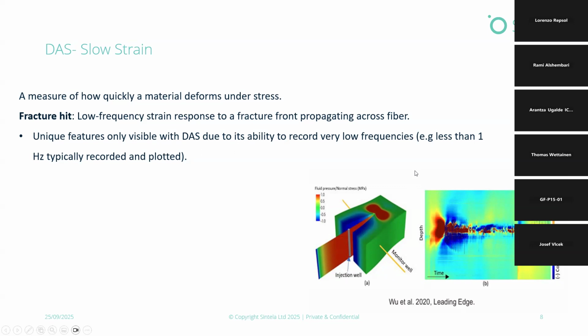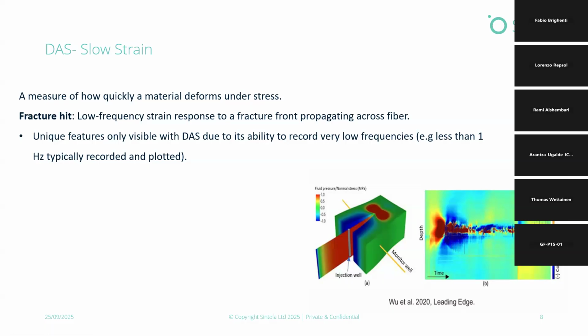This is the data on depth over time, in real time. As the pumping starts and the fracture starts to propagate, we can see that strain response, that fracture front, that fracture hit. Then as the fracture propagates, we see the compression zone, but throughout the pumping, we can also see more fracture hits and more fracture fronts propagating.